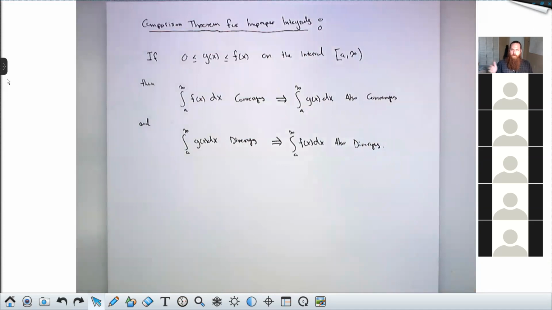So if you're sure that your function is smaller than another function that has a convergent integral, the integral of your function must also be convergent. And if your function is larger than another function whose integral you know is divergent, then your integral must also be divergent.